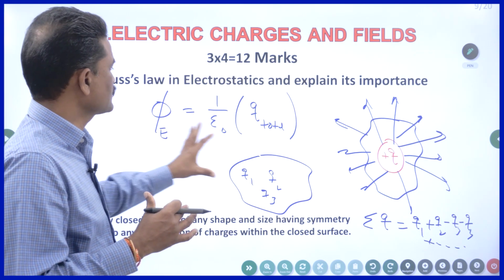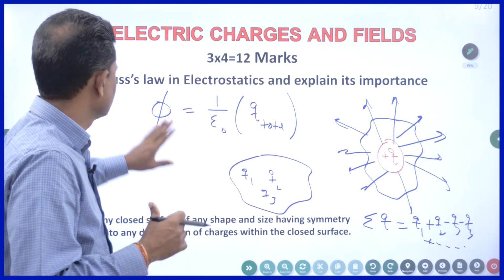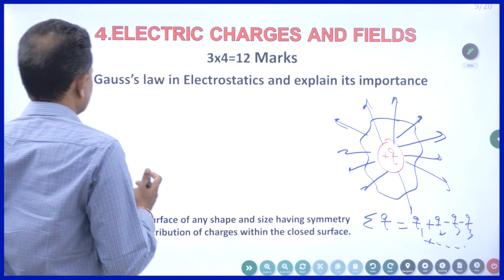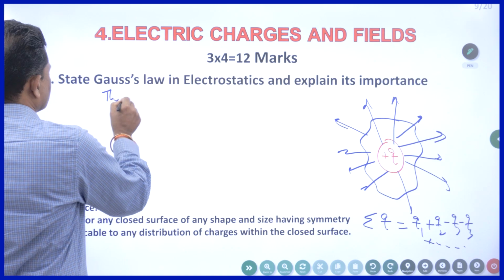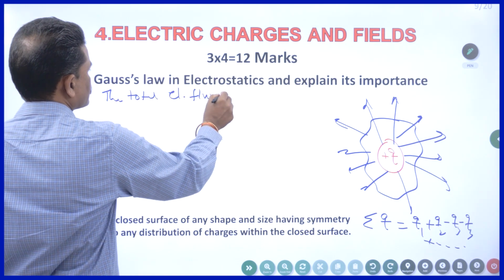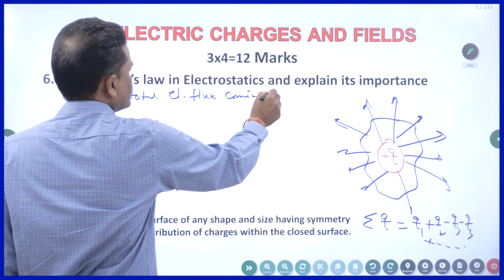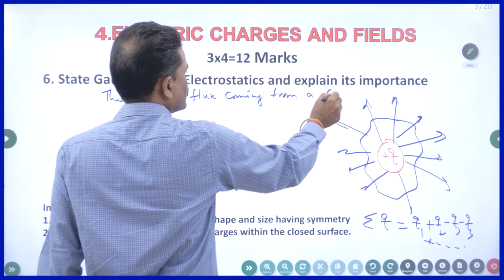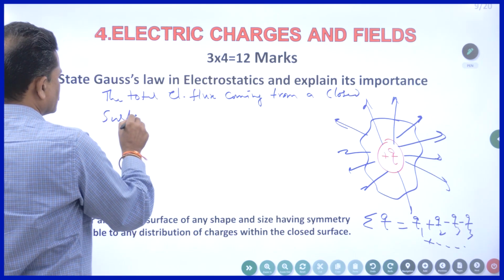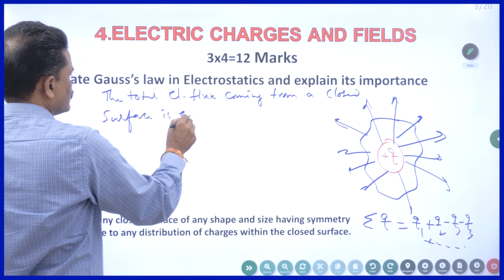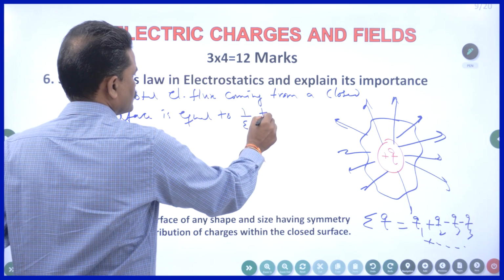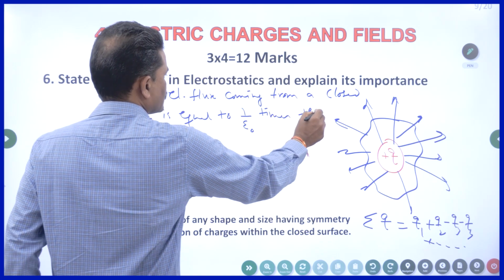So, electric flux coming from any closed surface. This can be written as the statement to get 1 mark: the total electric flux coming from a closed surface is equal to 1 by epsilon naught times the total charge.